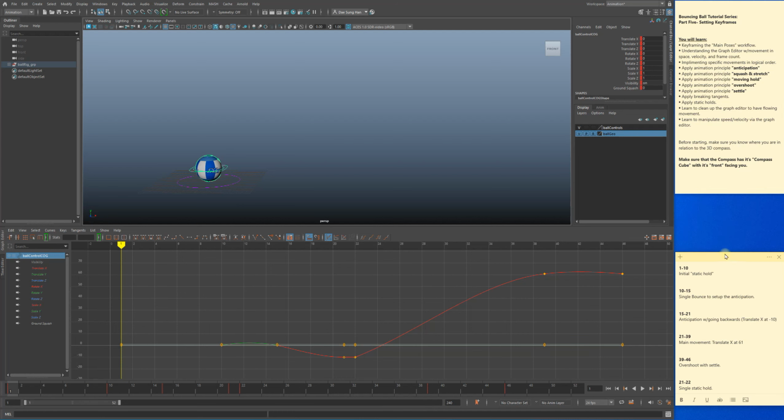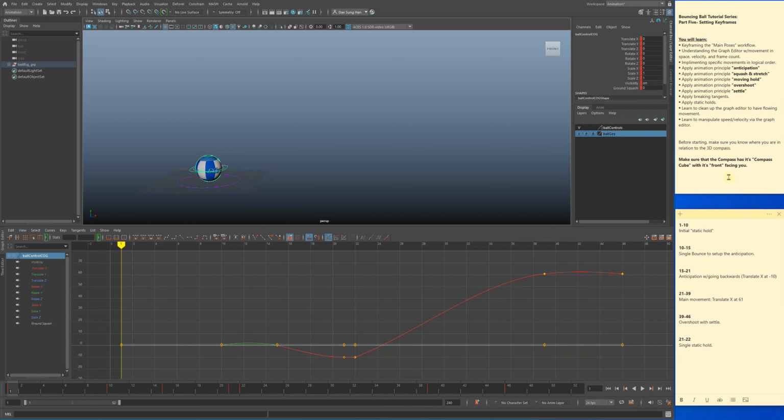Before everything else, make sure that you know where you are in relation to the 3D compass. First and foremost, this is your front. Always be aware of that.